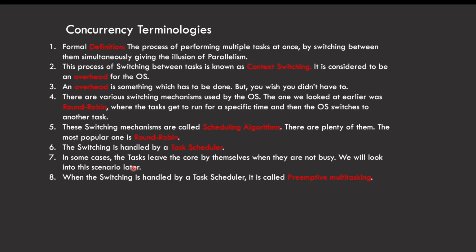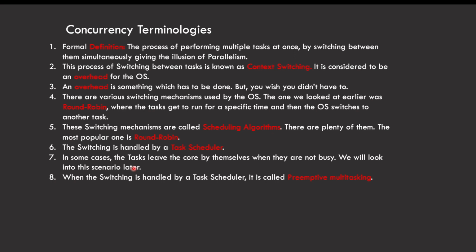So when the switching is handled by the task scheduler, it is called preemptive multitasking. Okay, this is known as preemptive multitasking. A task scheduler will preempt the task from running and let another task take the core, the CPU core. If you look at the definition of preempt, it means to leave, kind of like order someone to leave or something like that.